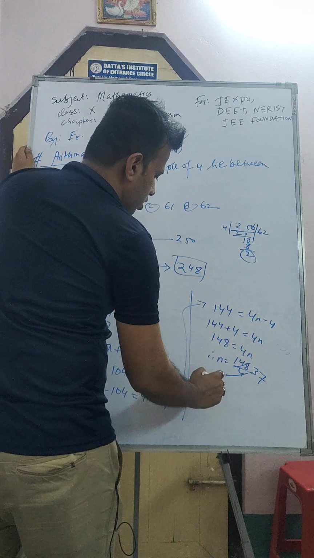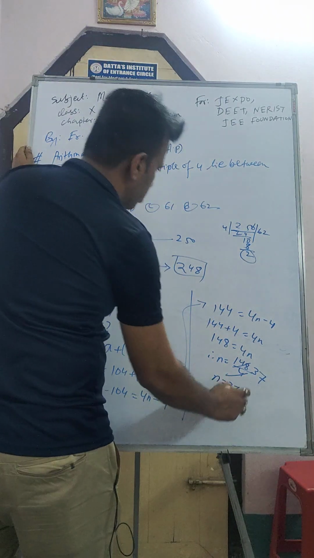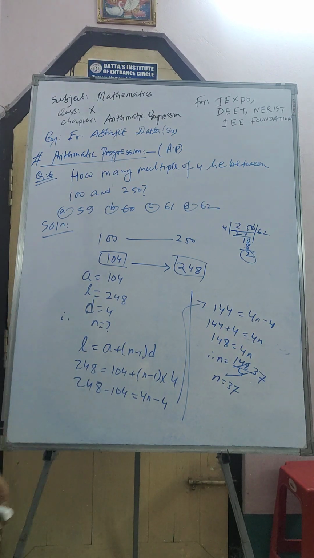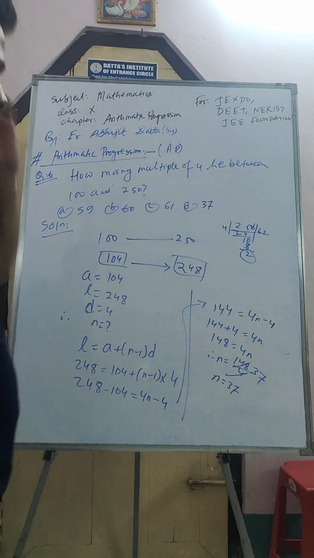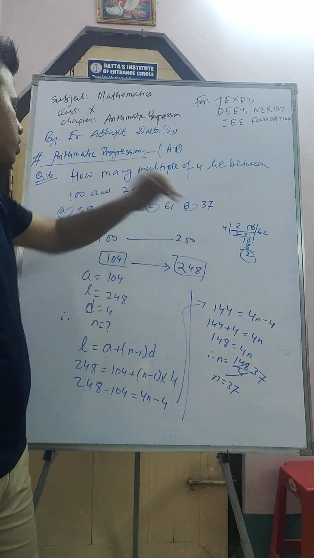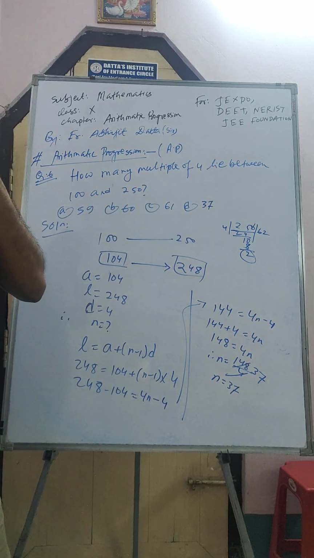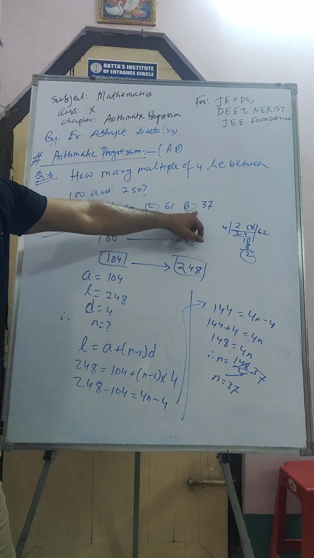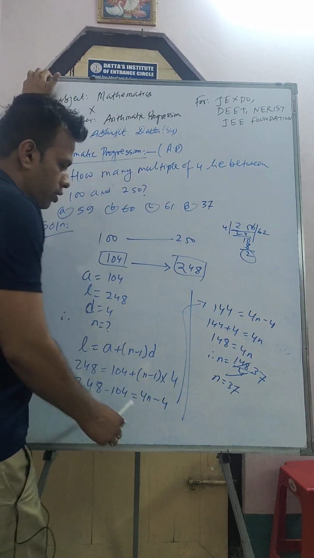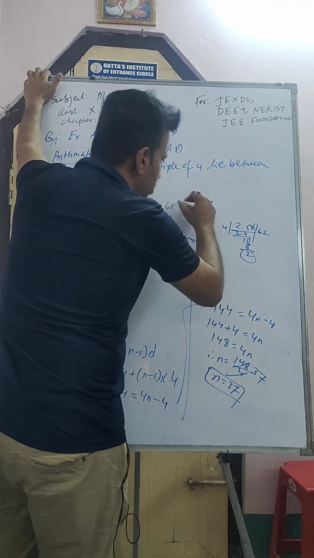So n is 37. The correct answer is option D, which is 37. Option D is the correct answer.